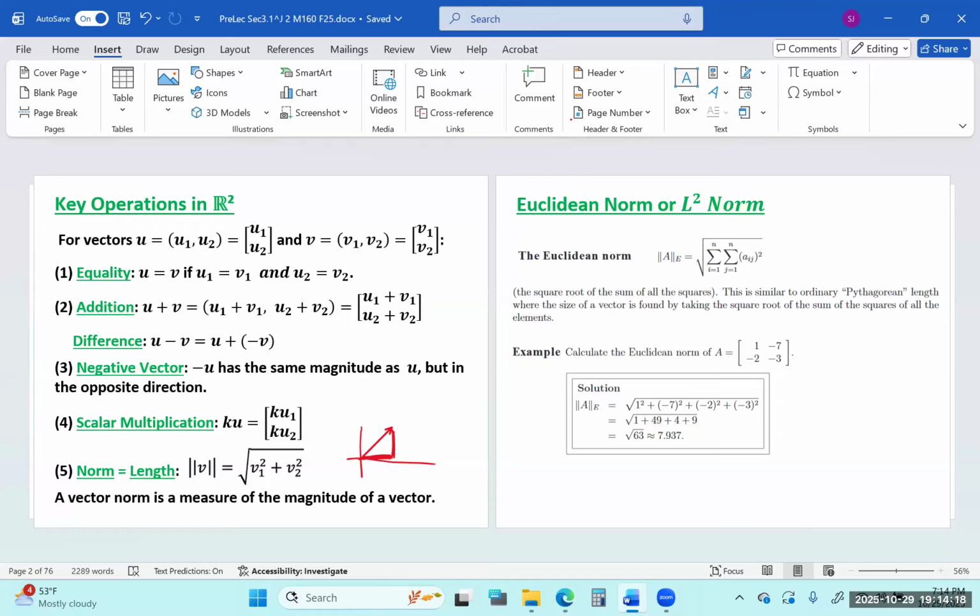Here it says square of all the elements row wise and column wise. So add all the elements squared in row and column, add them, take the square root. So let's say if you have a matrix and you want to find the L2 norm or the Euclidean norm of this, it is 1 squared plus -7 squared plus -2 squared plus -3 squared, and then take the square root.